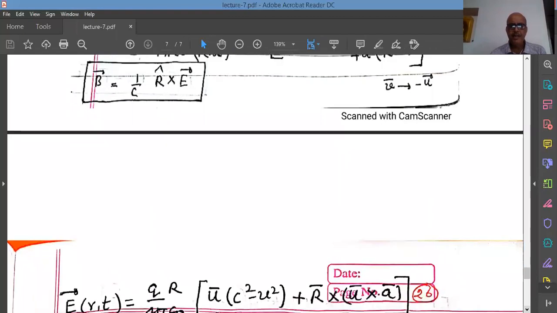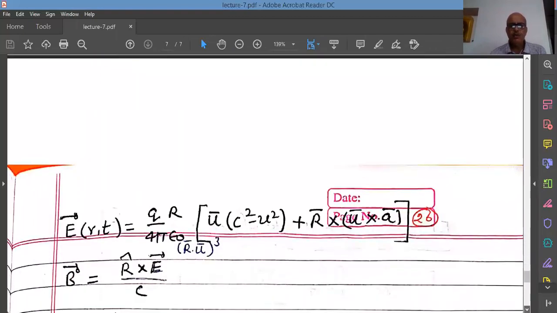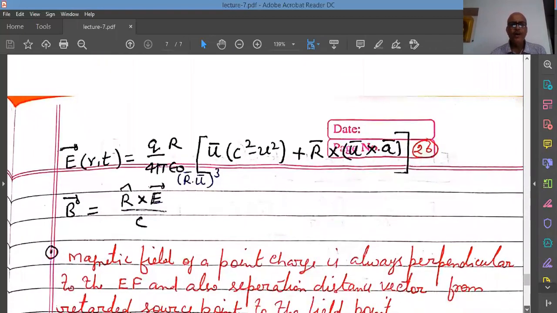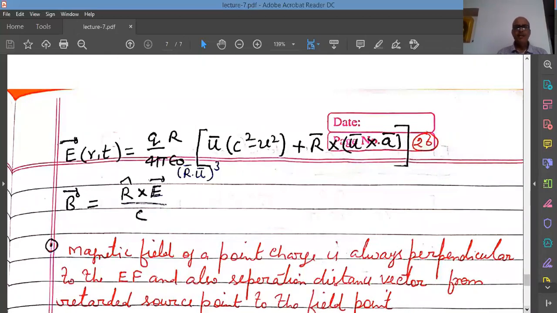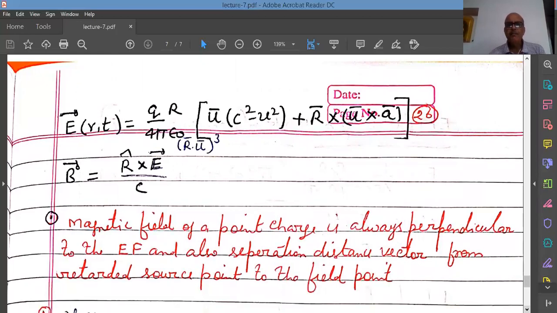So these are the two expressions that we got. One is E(r,t) is equal to q r upon 4 pi epsilon 0, then u into c square minus v square plus r cross u cross a. There are two terms appearing in the bracket. And secondly, we got the value of B in terms of E, and B is equal to r cap cross E over c.